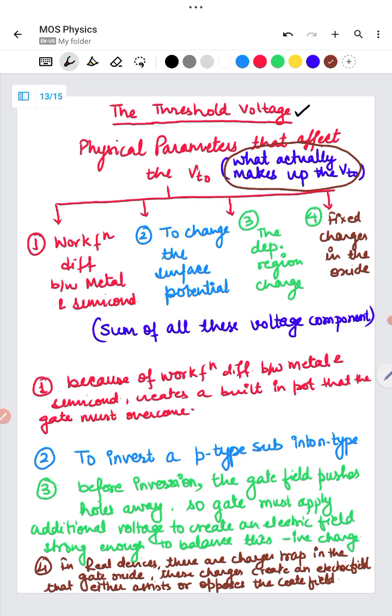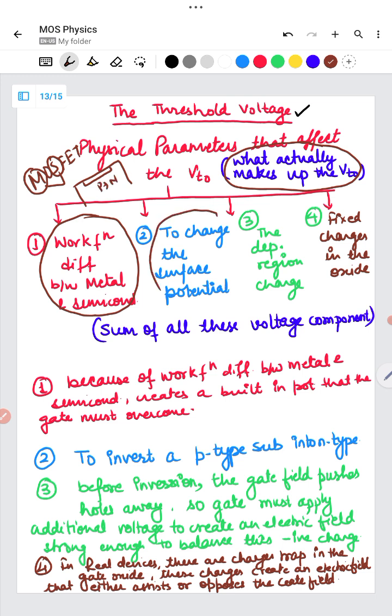Number one, when you have a MOSFET, there is a difference between the metal and semiconductor work function. This is the first physical parameter in the MOSFET calculations. The second one is because you want to invert the channel region from P to N, which also contributes to changing the surface potential.